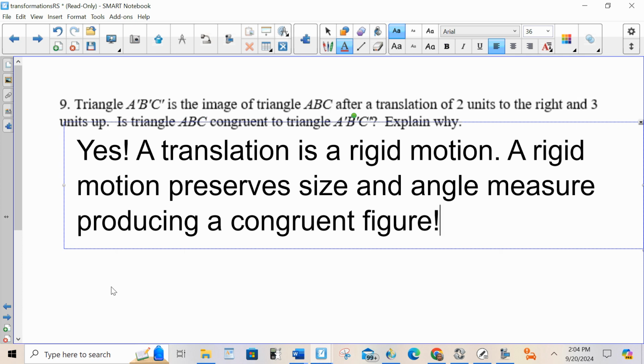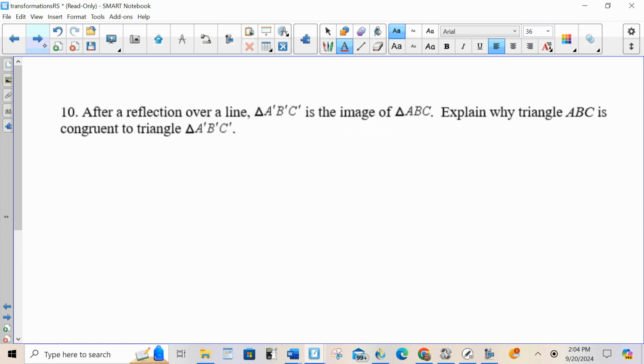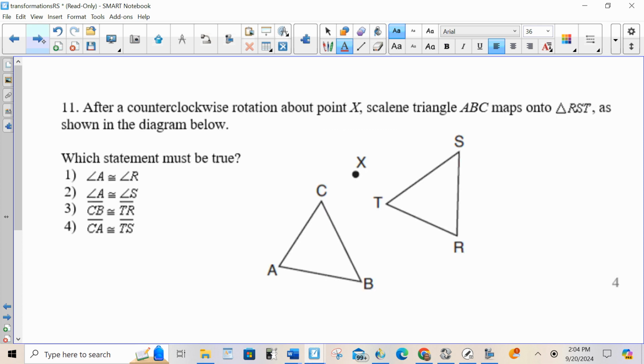Whenever a reflection, a rotation, or a translation happens, I don't care what the translation is, what the rotation is, the degree, the center, they are congruent because they're rigid motions, and a rigid motion preserves size and angle measure, producing a congruent figure.